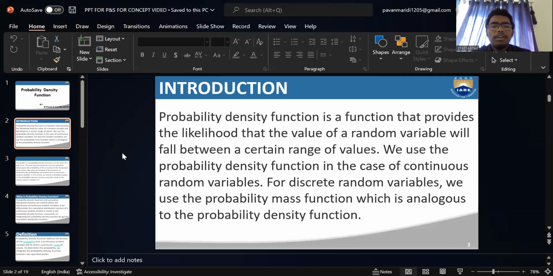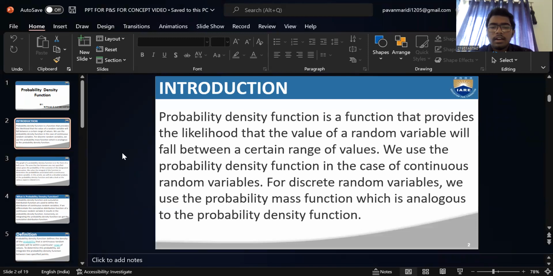Introduction. Probability density function is a function that provides the likelihood that the value of a random variable will fall between a certain range of values. We use the probability density function in the case of continuous random variables.